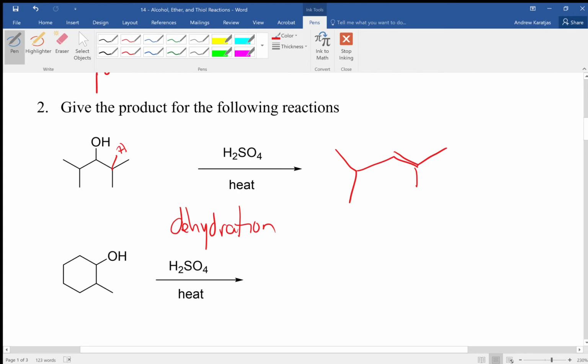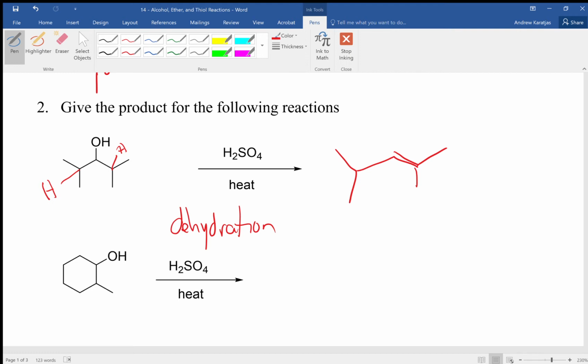Now, in the first example, it doesn't matter whether we remove the one that I did or a hydrogen on the other side, because the molecule, at least in terms of the alcohol, is symmetric. And so we would have gotten the same product regardless of which side we removed the hydrogen from.